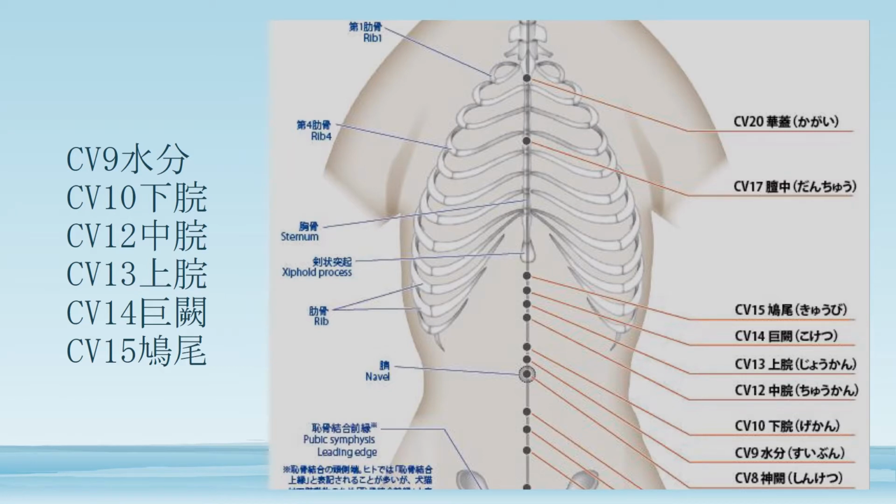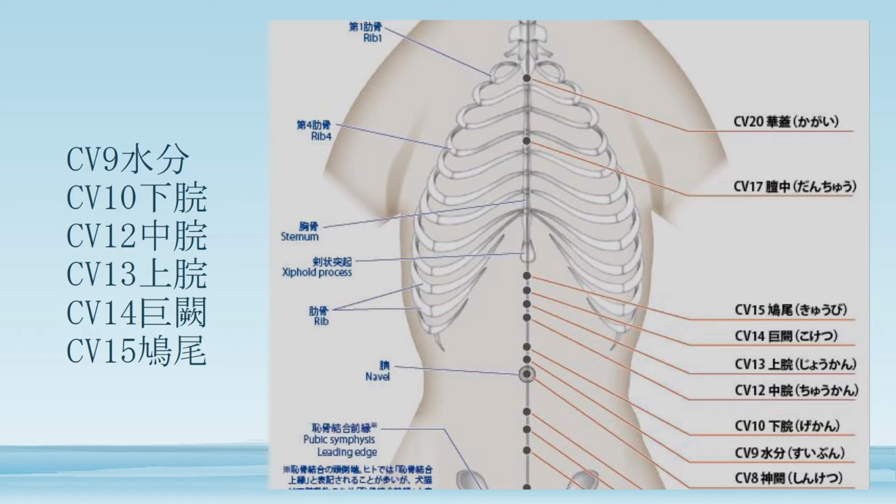The midpoint between navel and xiphoid process is CV12. 3/8 from the xiphoid process is CV13. 2/8 from the xiphoid process is CV14. 1/8 from the xiphoid process is CV15.